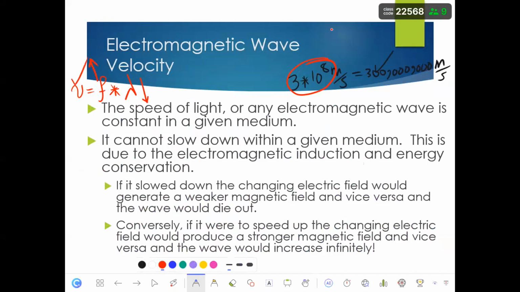So X-ray and gamma ray have a higher frequency and a smaller wavelength, but radio wave has a smaller frequency. Because it has a smaller frequency and the velocity is constant, it will have a longer lambda, or wavelength. Good, this is how we can analyze the frequency and the wavelengths of the different electromagnetism waves.